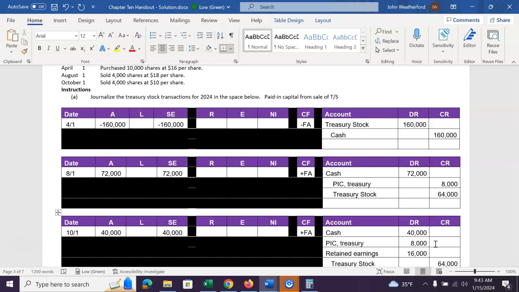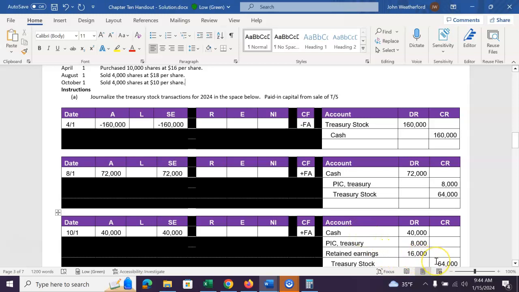Now, those are just some treasury stock transactions. A few things to remember here. Treasury stock goes on the books and comes off the books at its cost. If it's sold for more than we bought it for, we can't call it a gain on the income statement. Instead, that excess is just used to increase the balance of a new paid-in capital account, paid-in capital from sale of treasury stock. Then if it's sold for less than we paid for it, we'd still increase cash by the amount received.